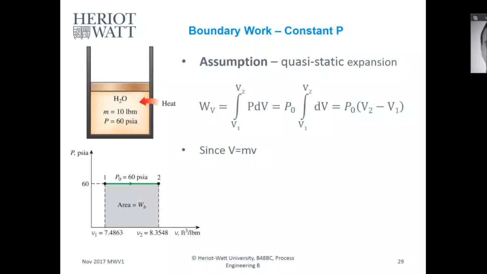Since total volume is mass times the specific volume, you have 10 pound mass of that gas. You multiply it by the specific volume of 1 pound mass, so you can put that in your equation. Your volume work equals your mass times your pressure times the two volumes, V2 minus V1.